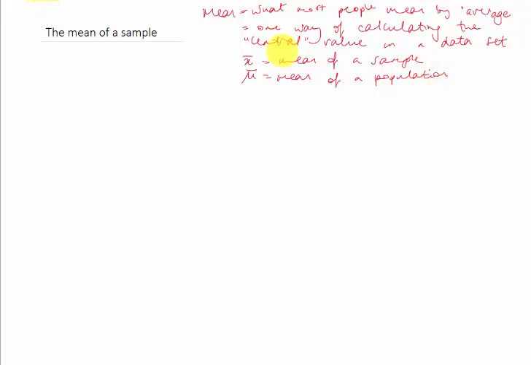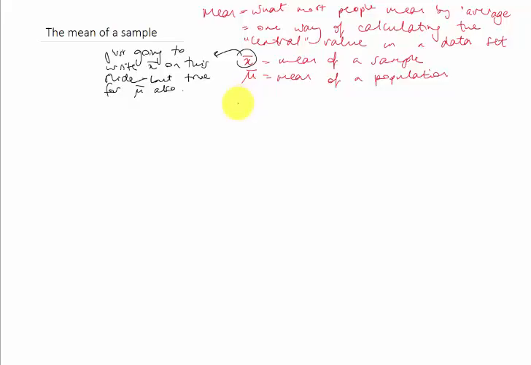On this slide, I'm just going to write x, but it's equally true for the mean of a whole population. So everything goes for both.